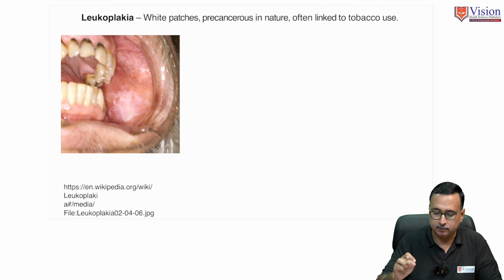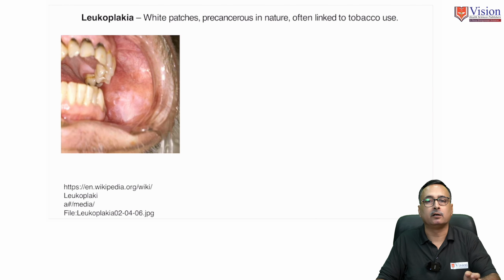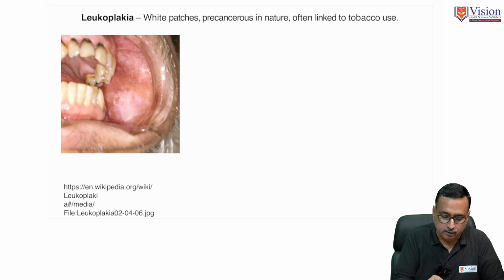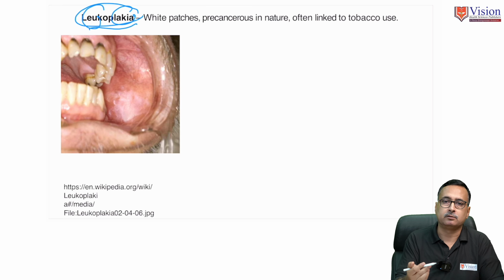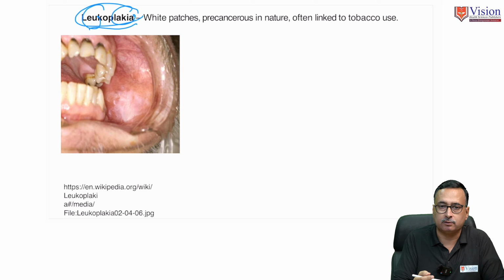Yes, leukoplakia, which we discussed earlier. Leukoplakia means white patch: leuko means white, plakia means patch, a thin layer. And this is formed due to hyperkeratinization, an impaired process of keratinization, excessive keratinization, and it appears white in different areas of the oral cavity.